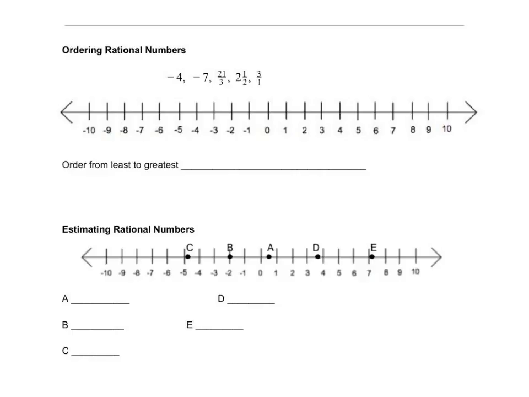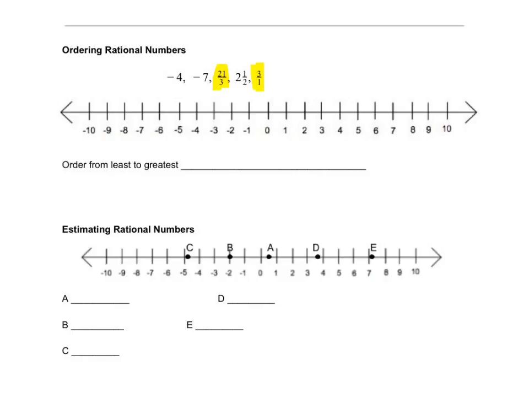And there are two that stand out that can be simplified. And those two are the 21/3 and the 3/1. Those can be simplified and actually be taken out of fraction form, which will make it a little easier to place on our number line.